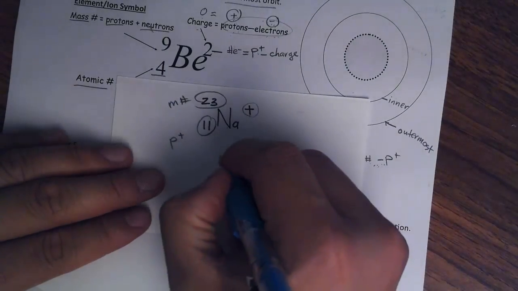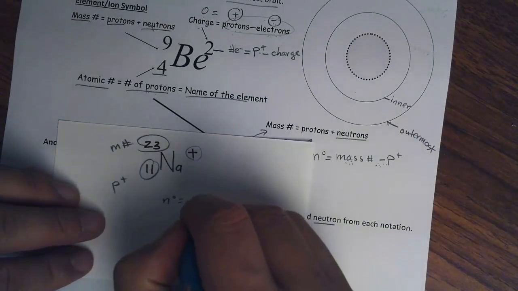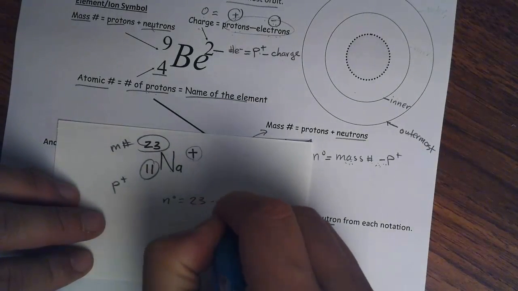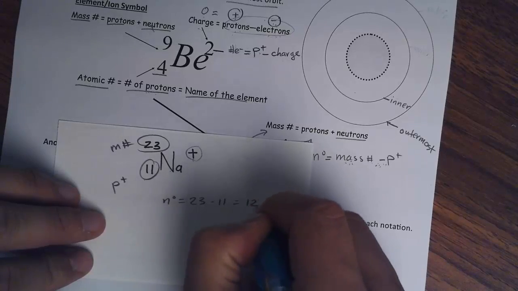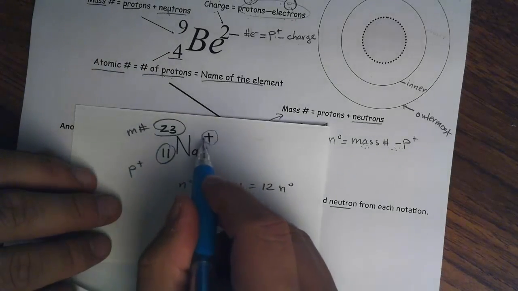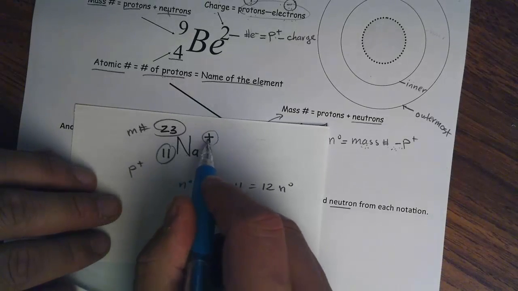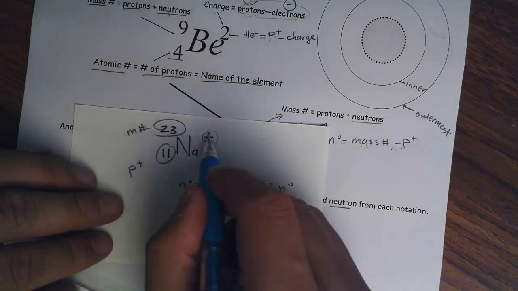Now, let's find the number of neutrons. We know that mass number minus protons gives us neutrons. So we have 23 minus 11 gives us 12. So we have 12 neutrons. And the number of electrons is where it gets tricky. Again, let's go back to our logic. When the charge is 0, the number of protons equals the number of electrons. In this case, it's a positive 1.